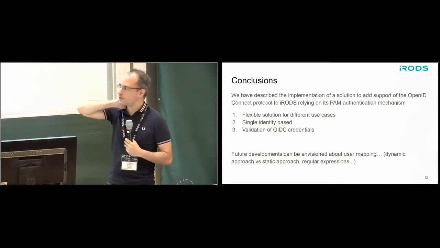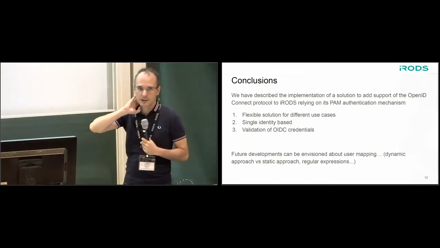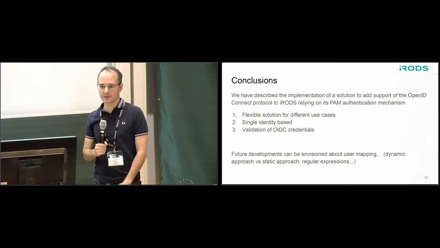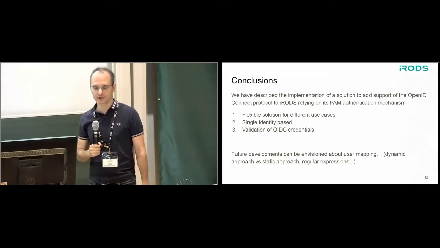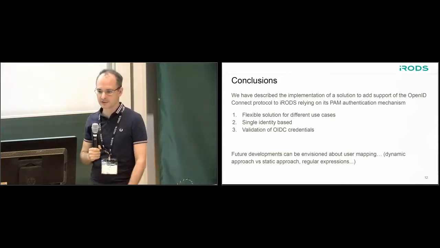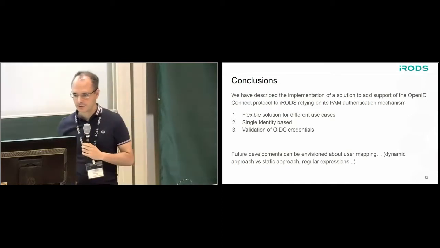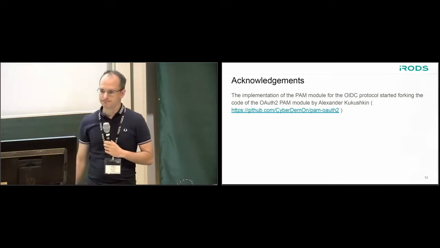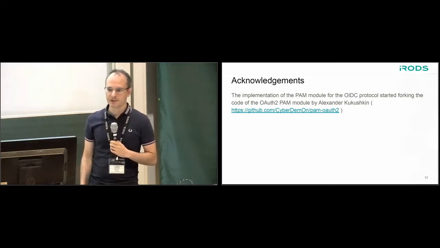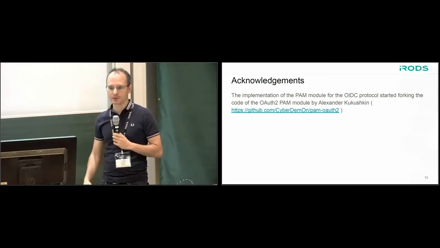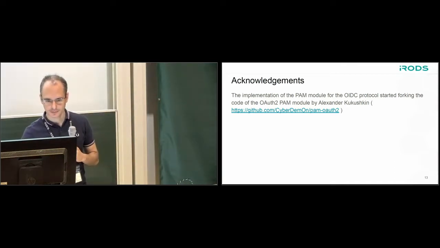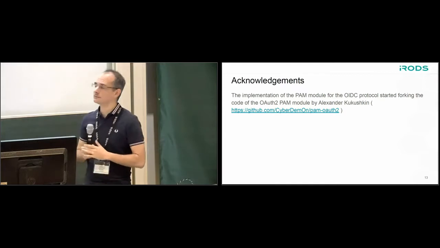We can envision future extensions, like, for example, using regular expressions or something like this within the module to check for the user, or to have a dynamic versus static approach. Anyway, the module is quite complete. The implementation started from forking the code of the old OAuth2 PAM authentication module developed by Alexander Kushkin, and so on. Okay, thank you.